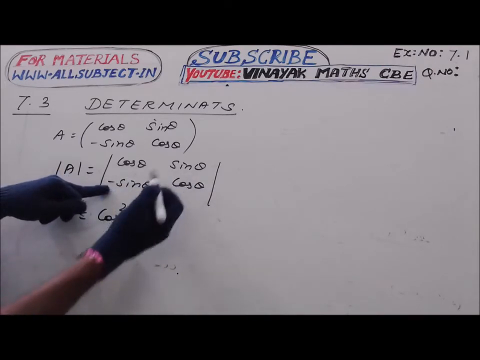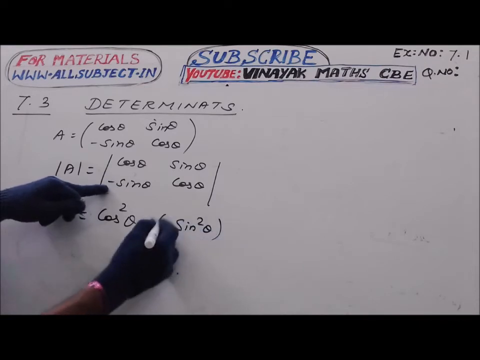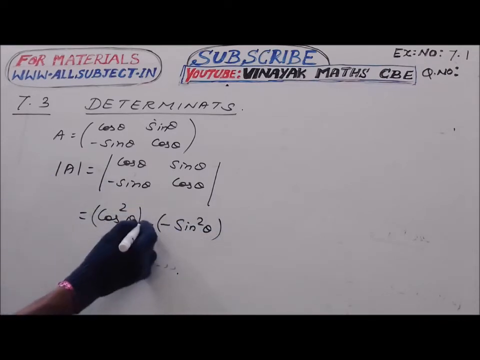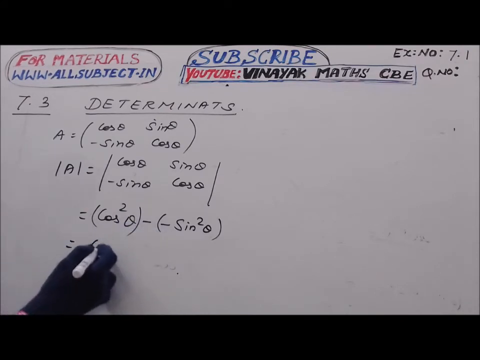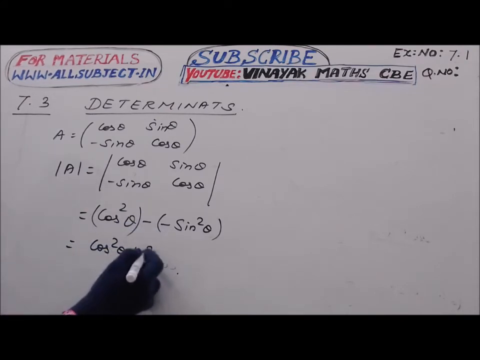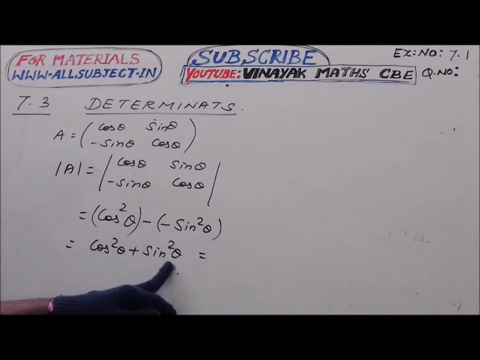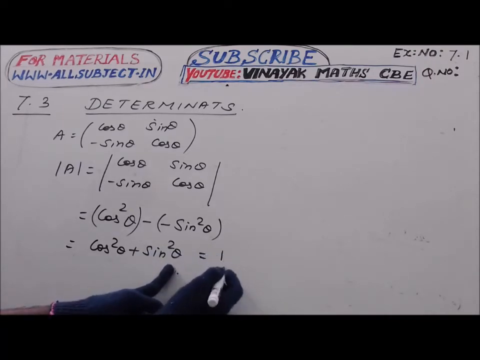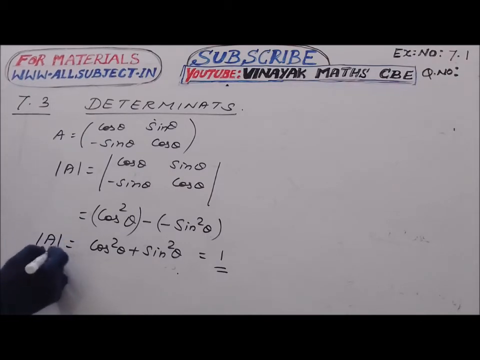Here we have minus into plus minus, so minus sin square theta. Now we should subtract the results. Now minus into minus becomes plus, so cos square theta plus sin square theta. The result of cos square plus sin square is 1 by use of the trigonometric identity, the first identity, cos square theta plus sin square theta equal to 1.